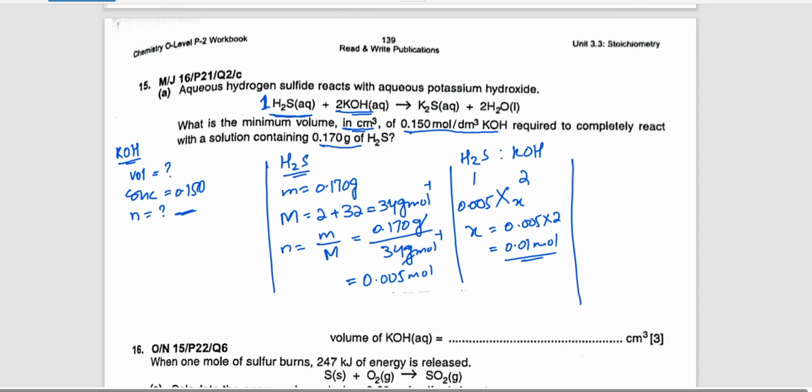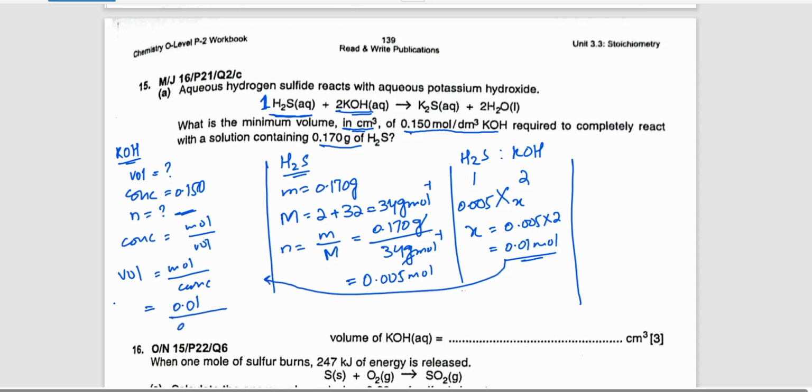So we have to find the volume. You know that concentration is equal to moles per volume. Volume will come here, and then moles will be divided by the concentration. The number of moles which we have calculated right now is 0.01.